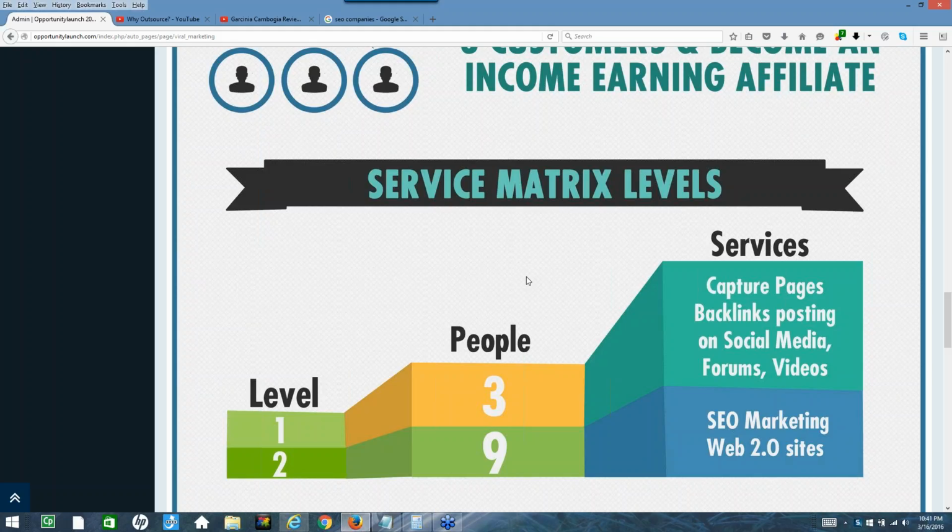Then we get into SEO marketing of Web 2.0 sites. What is a Web 2.0 site? What that means is that there are websites out there that Google gives weight or priority to as being a credible site for information. And sometimes these websites change.